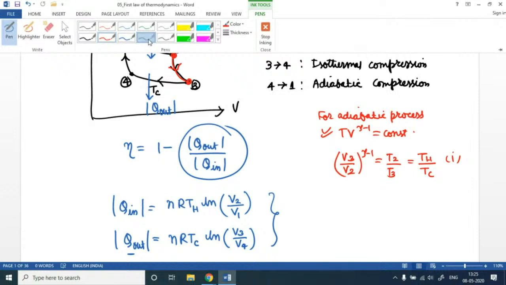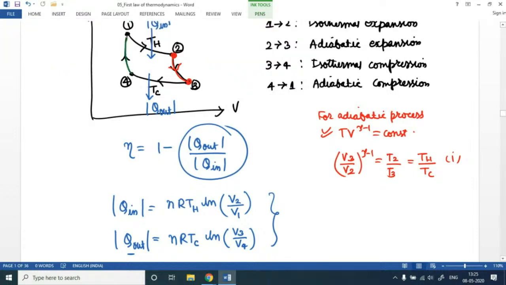And now let's look at this process from 4 to 1. Again that is adiabatic process, so we can write V4 upon V1 to the power gamma minus 1. These two states we are comparing. So V4 upon V1 to the power gamma minus 1 would be nothing but T1 upon T4, and T1 you realize is again Th, and T4 is nothing but Tc.